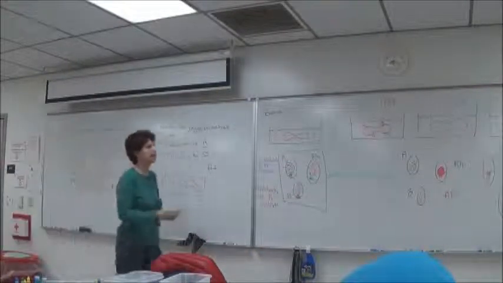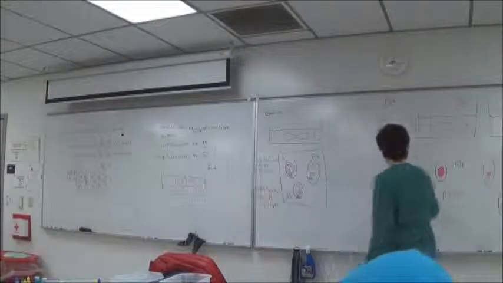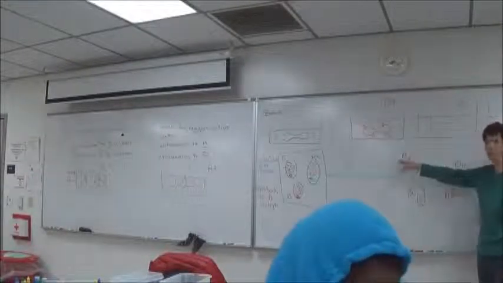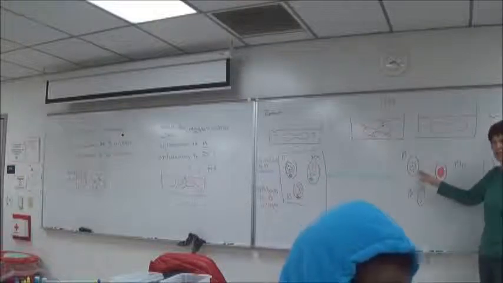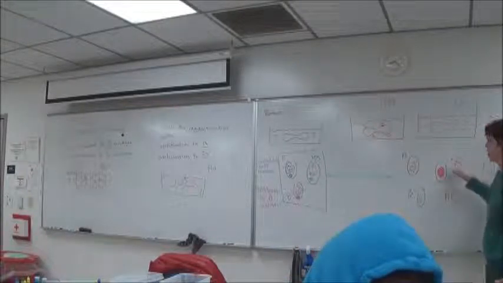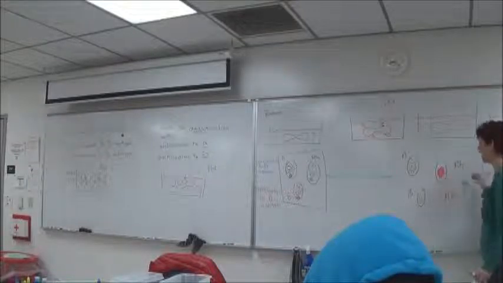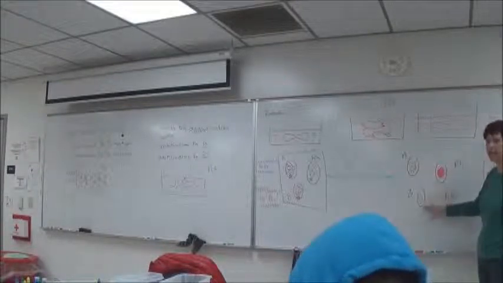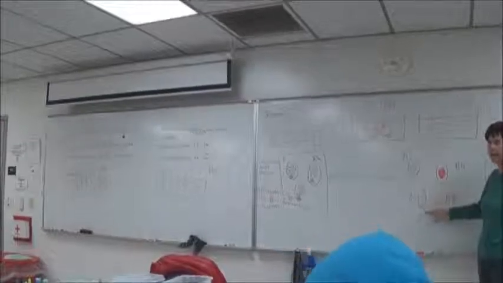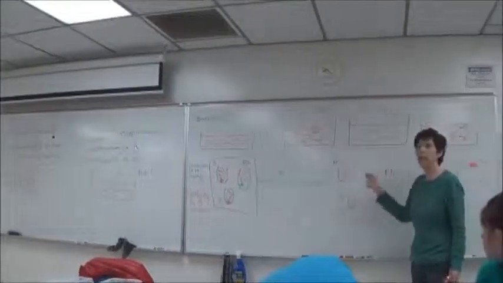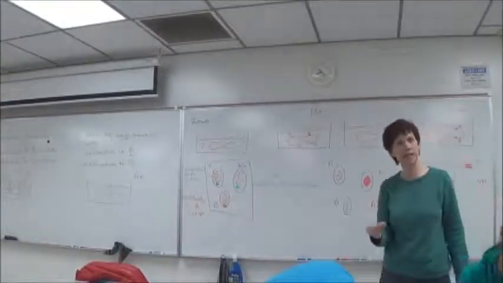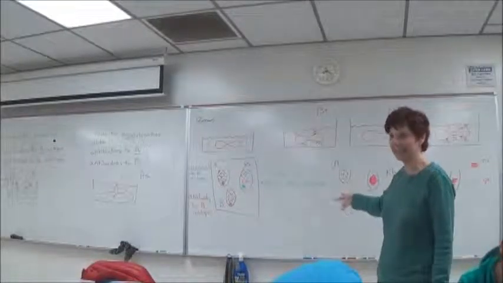So anytime you see a situation like this, we've added the antibodies to A and found the antigens. We added the antibodies to B and didn't find the B antigen. We added the antibodies to D and did find the D antigen. So when we talk about typing and cross-matching, this is typing.